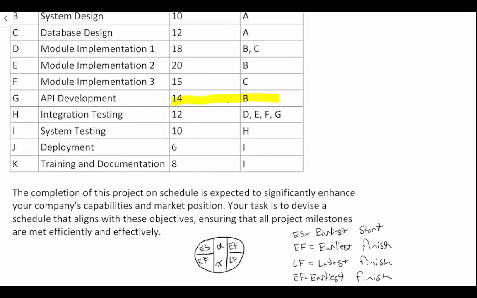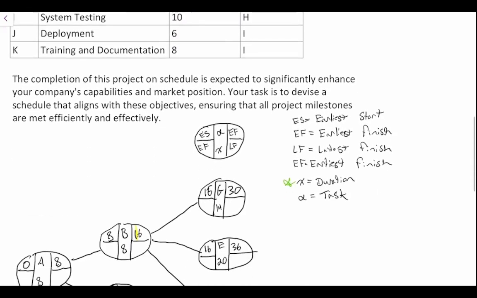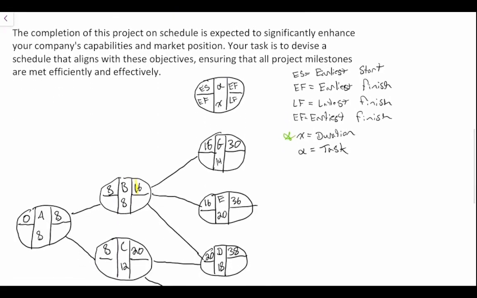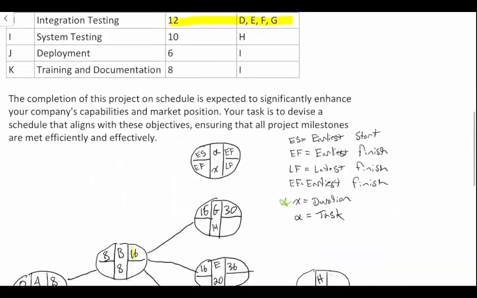Now, we can move on to project H since we've done the rest. So project H, what do we notice? Well, D, E, F, and G all must be completed. Okay. So project H takes 12 days to complete.